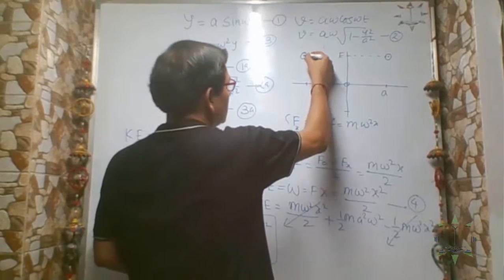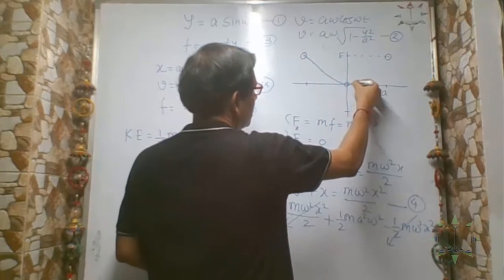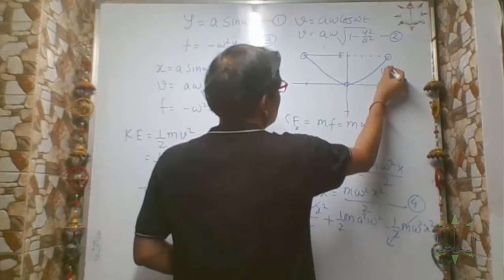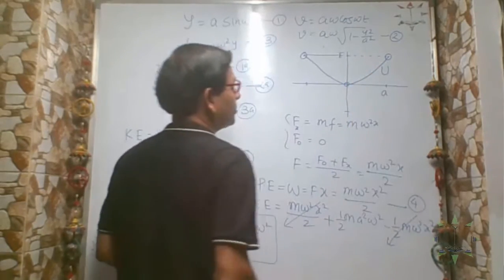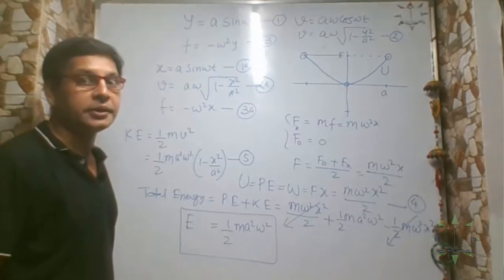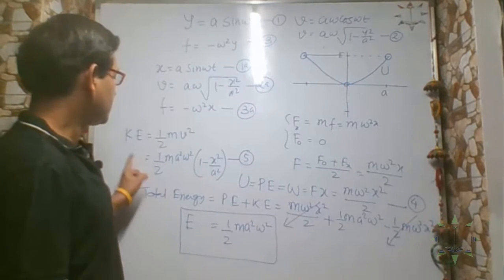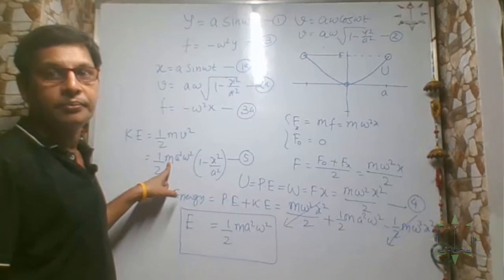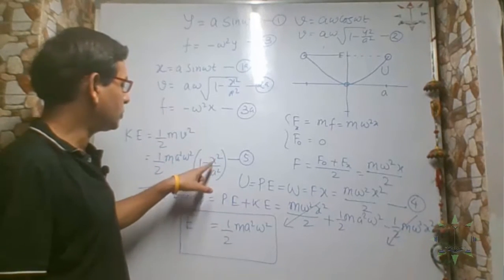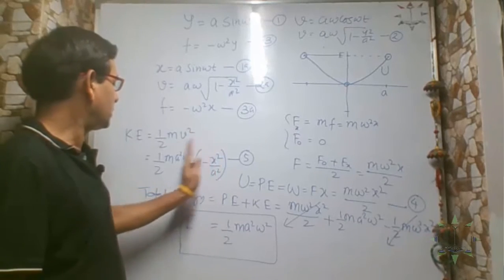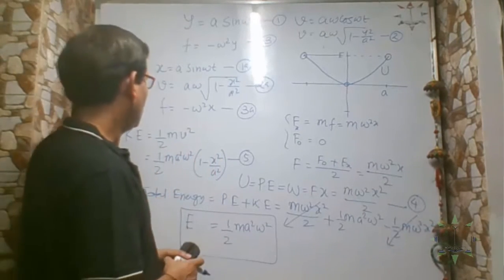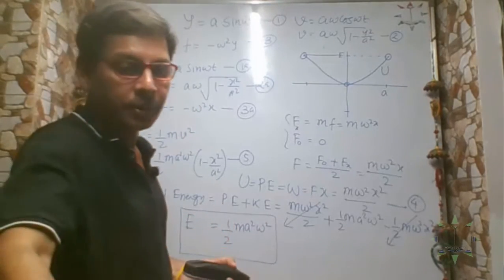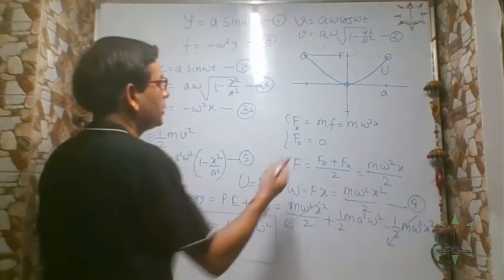So what is the potential energy curve of simple harmonic motion? It is like this. So this is U, the potential energy of simple harmonic motion. Now let us plot the kinetic energy part. When x equals 0, kinetic energy is maximum, correct? Because the x term is 0, so it is half m a square omega square.